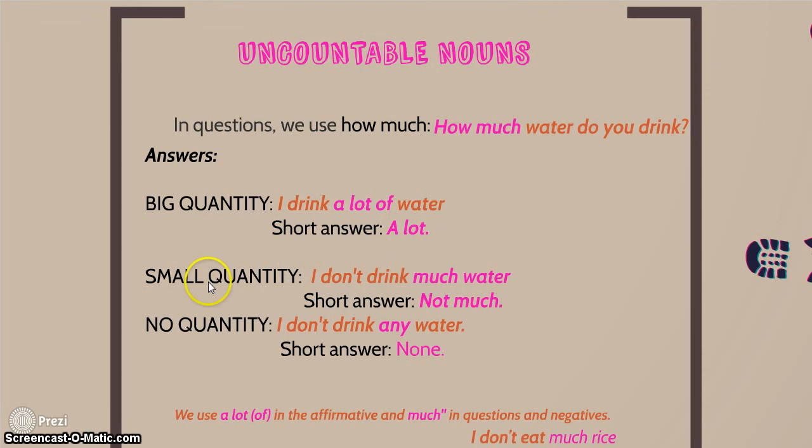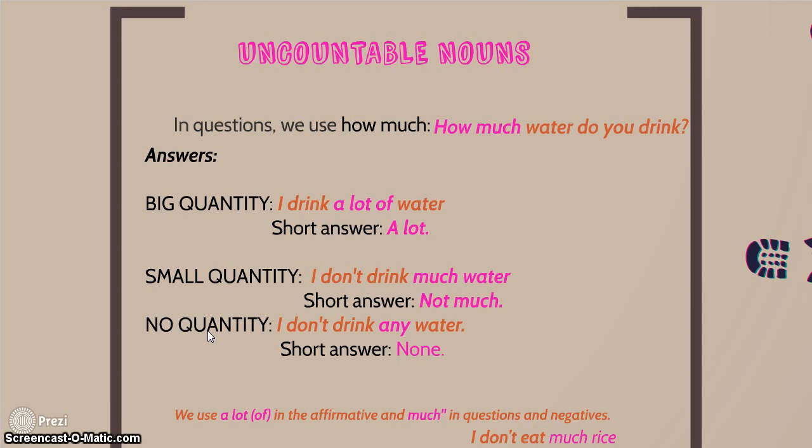What about a small quantity? How much water do you drink? I don't drink much water. No bebo mucha agua. Or this short answer, not much, no mucha. If we want to speak about no quantity, we would use I don't drink any water. No bebo nada de agua. Or short answer, none, nada.